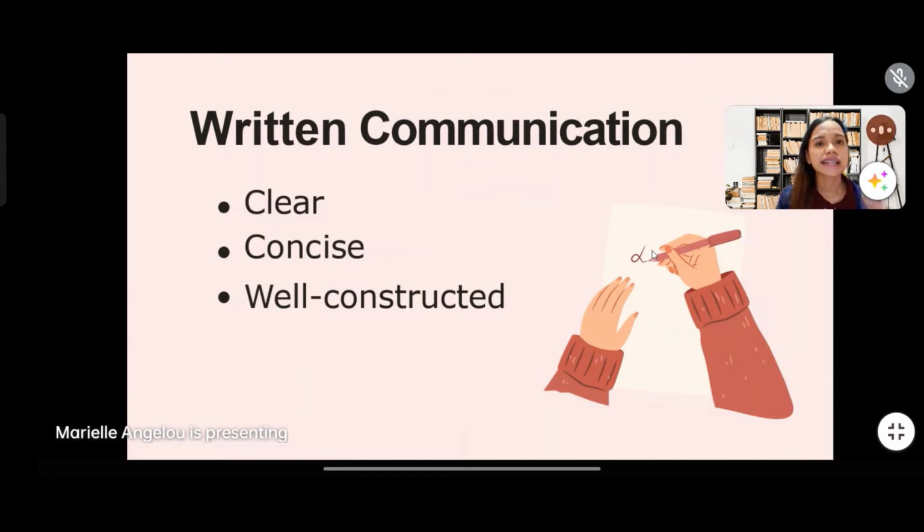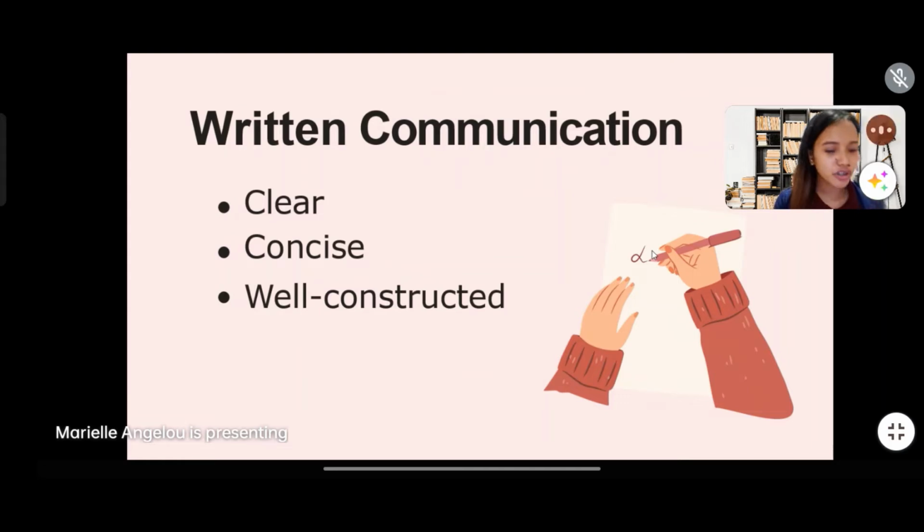Second, being concise. When we say concise, you are conveying your message by using few words. Again, being concise is the ability to deliver your message without being verbose or without using too many words. And third, we have well-constructed. Well-constructed pertains to the arrangement of the thoughts on your paper or on your message.